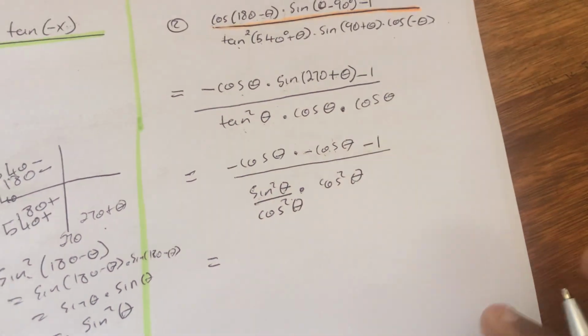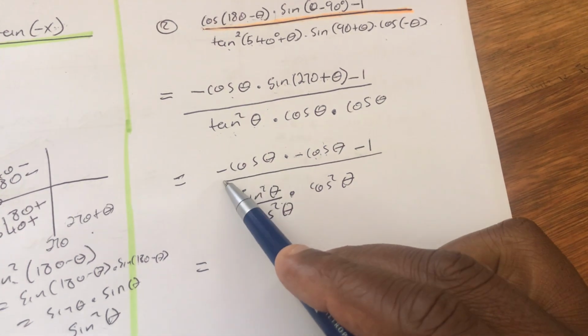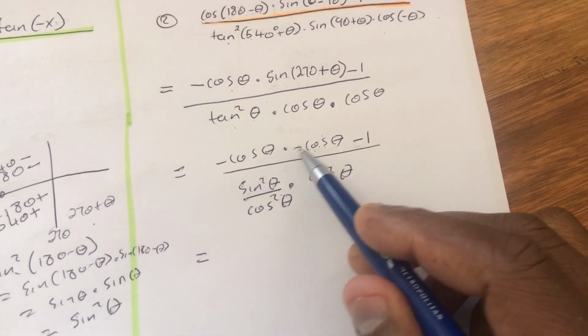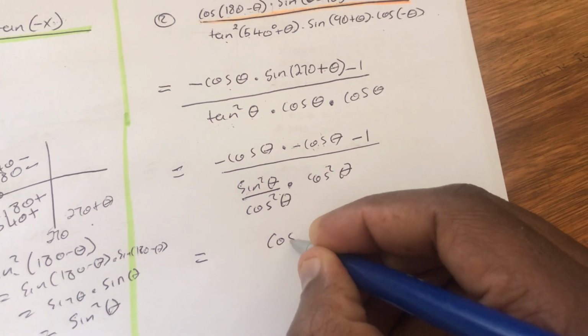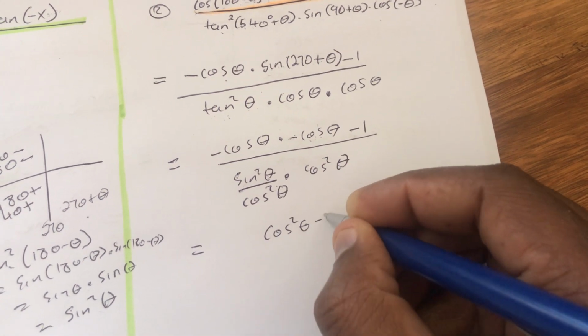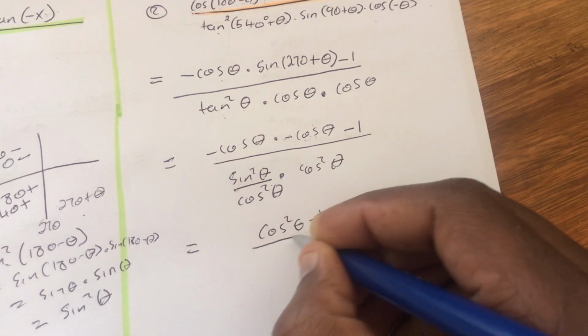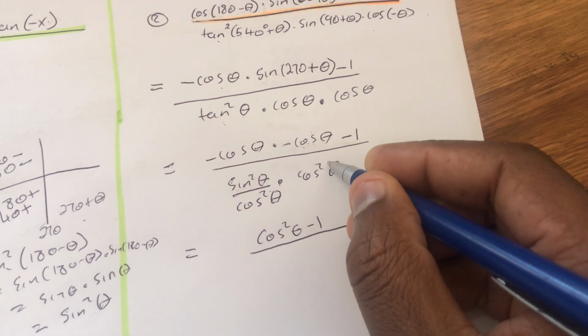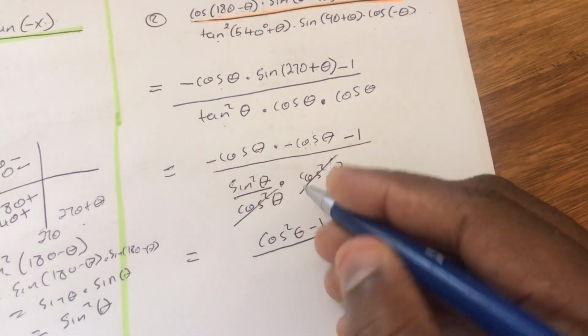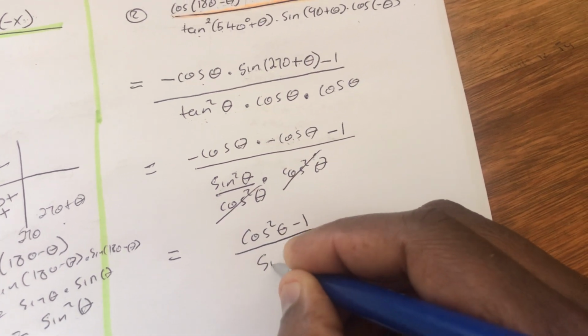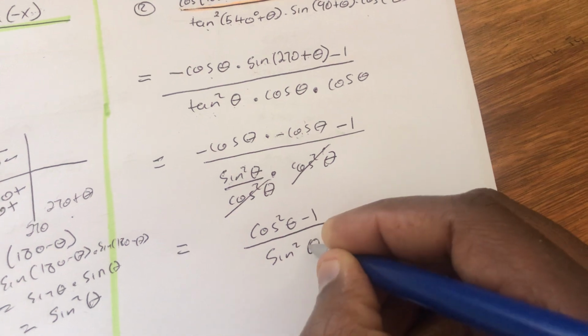Yes, very much interesting, guys. So even this one here, negative cos theta times negative cos theta, you are getting positive cos squared theta, minus 1 divided by, here you can cancel cos squared, and then you remain with sine squared theta.